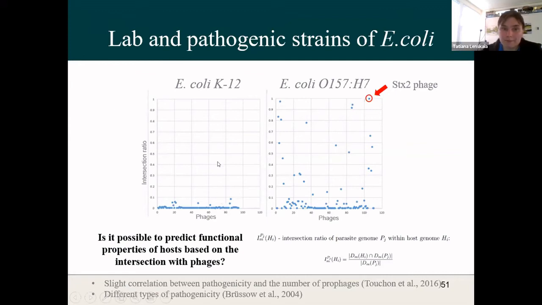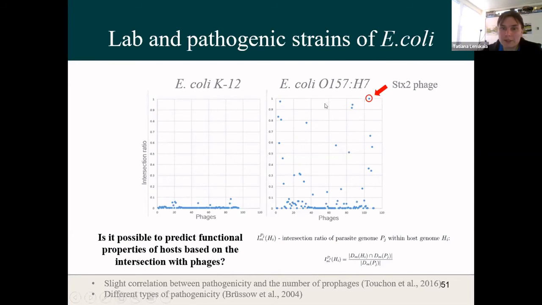If you compute the overlap between the genome of this bacterium and a set of phages, you can see that there are some phage fragments inserted in the genome, but they're minor. But to the right, you see a highly pathogenic strain of E. coli that caused severe intestinal infection in humans. And here you can see that one of the prophages is completely inserted in this bacterium.